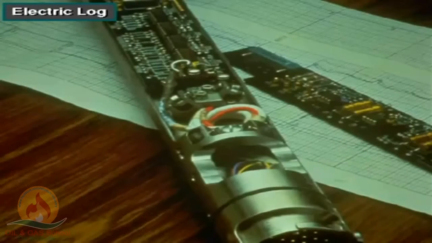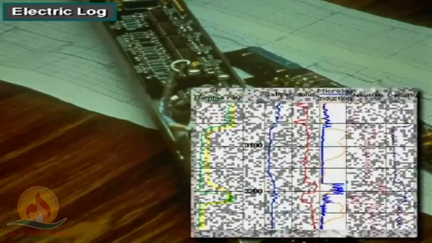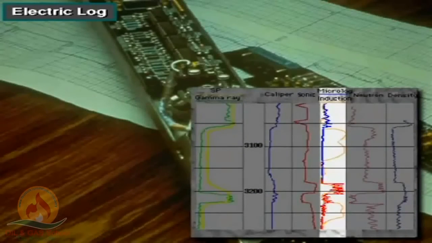Electric logging tools measure and record certain electrical properties of the formation. This is a recording, a log made by an electric logging tool as it came up out of the well past the formations. The squiggles on the log are called curves. Notice that the curves move to the left and to the right on the log.